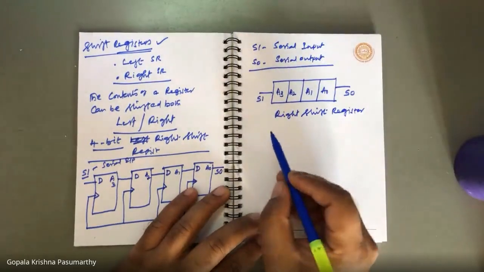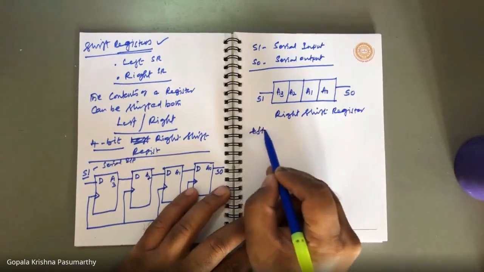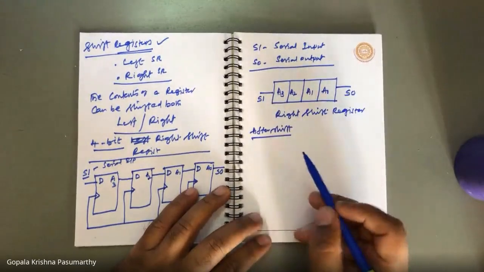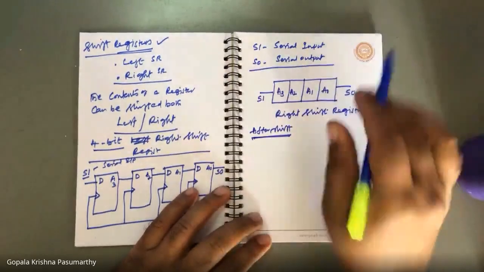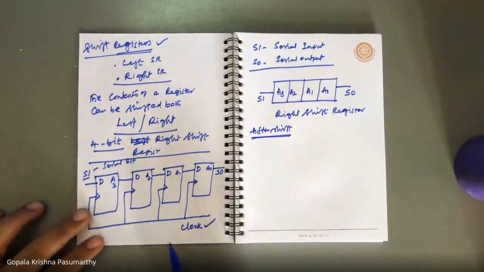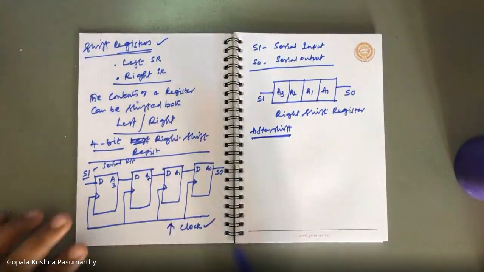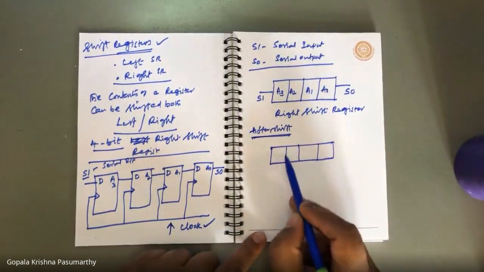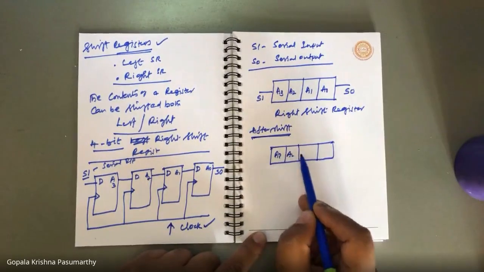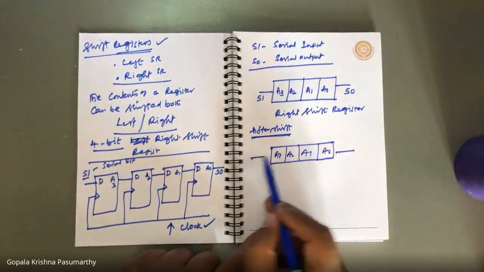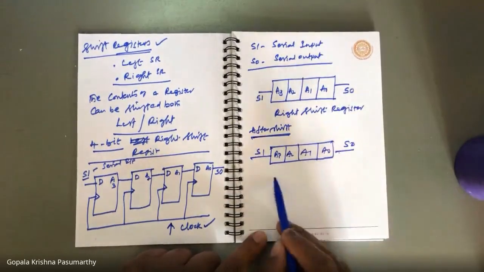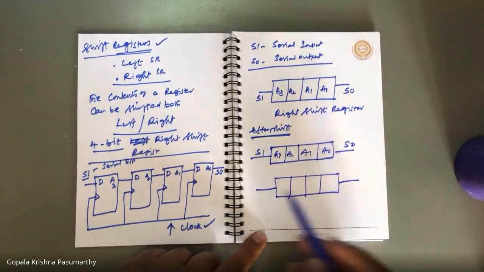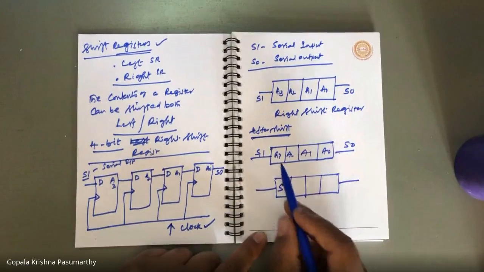For example, after a shift, what will happen? If this clock is fired, what happens? Earlier they were A3, A2, A1, A0 with serial input and serial output. After the shift, the serial input enters here.